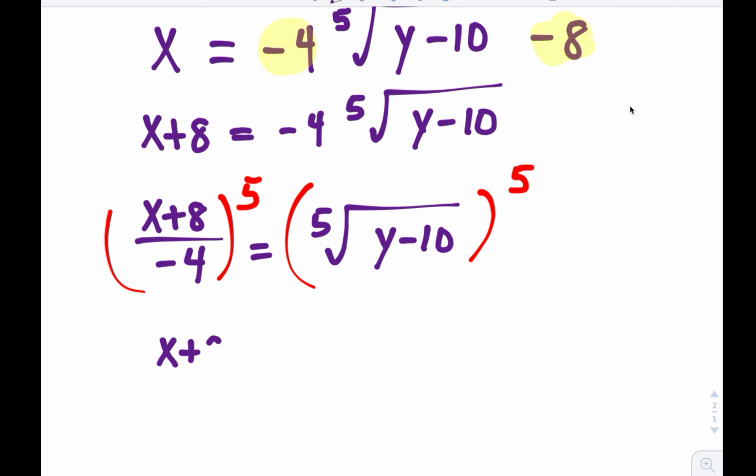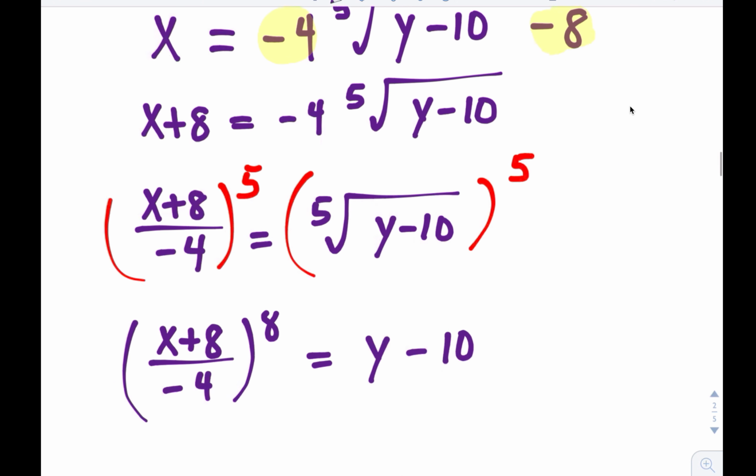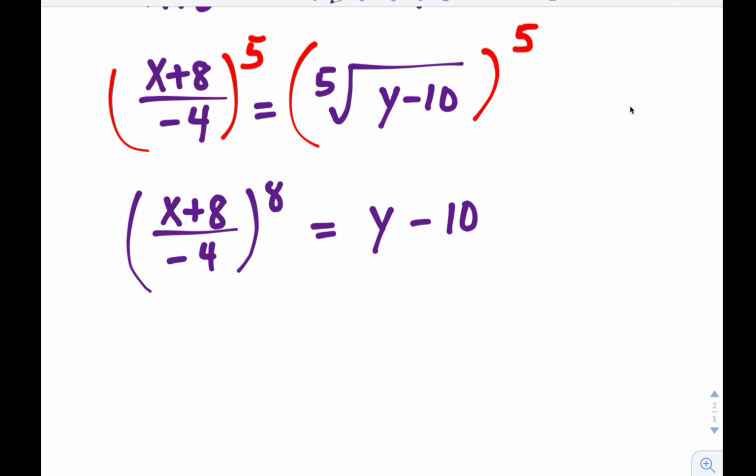So x plus 8 over negative 4 to the 5th power gives me, now when I take the fifth root and I raise it to the 5th power, they're going to cancel. So now I'm left with y minus 10. And then all you need to do from there is you just need to add the 10 over.